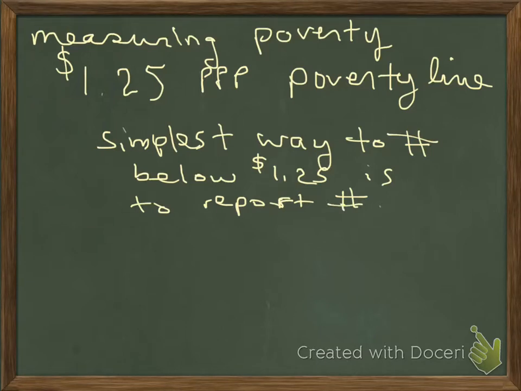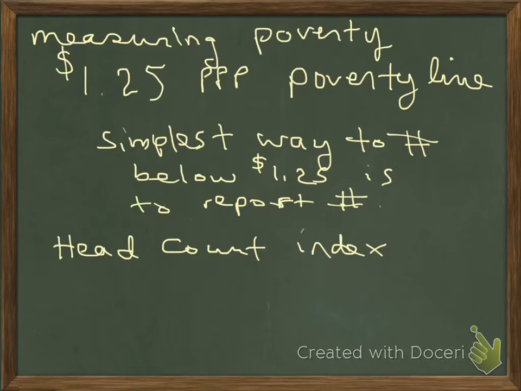Okay. Or we can do a head count index. This is the ratio of the number below the poverty line to the total population. So let's put an equal sign on this one.